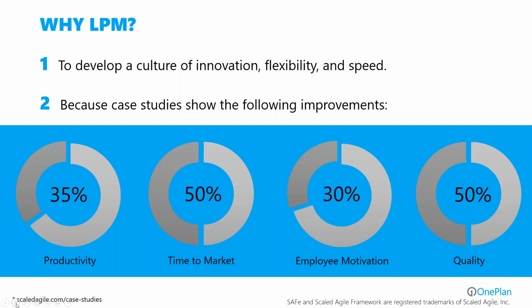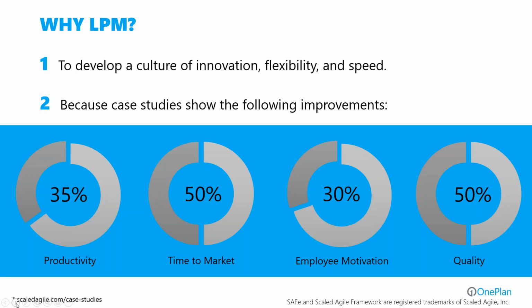Why am I suggesting Lean Portfolio Management is a useful tool to look at? Fundamentally, it's intended to develop a culture of innovation, flexibility, and speed. So that's a good starting point.